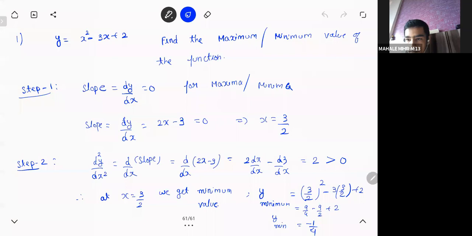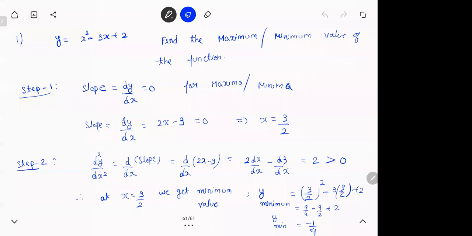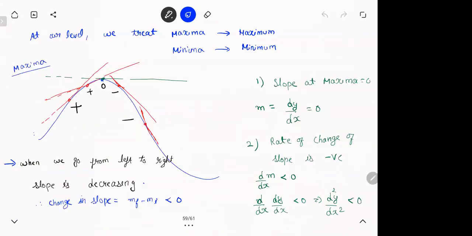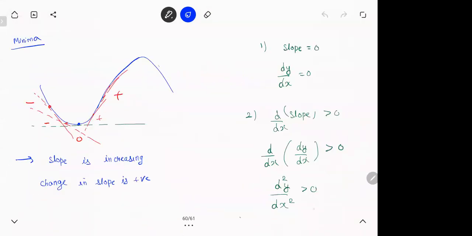So when you differentiate it again, what will happen? 2x minus 3 will become 2. Meaning what? Second differential is positive, right? See, for a maxima, second differential is negative. For a minima, second differential is positive. Meaning if you differentiate the function twice and get a positive value, then that function has a minima.